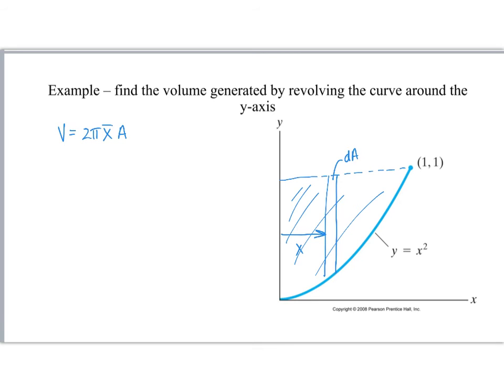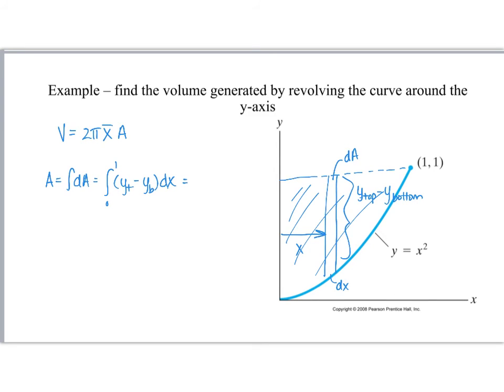And so let's first of all calculate the total area that we're revolving around the axis using this increment here, which has a width of dx, and then the height is going to be the value of y at the top minus the value of y at the bottom. And we'll get to the proper expression of that in a minute. So if I wanted to find the area that we've revolved around the curve, I'm going to take the integral of dA, which is y top minus y bottom times dx, and x goes from 0 to 1.